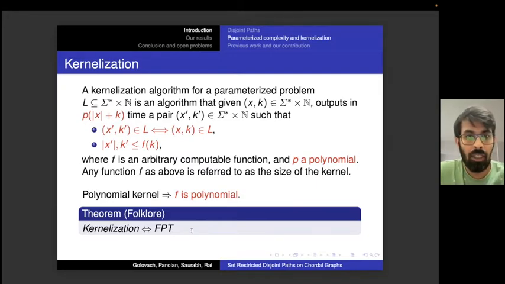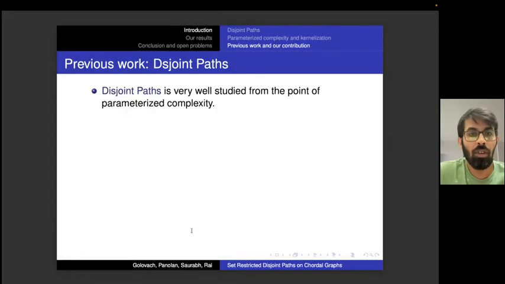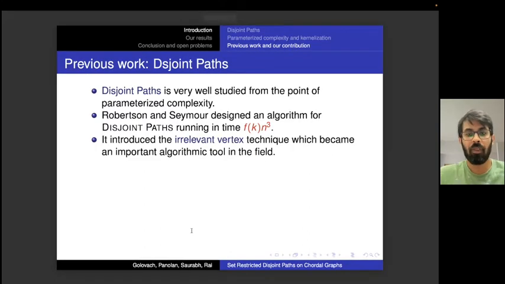So now, some previous work on these problems in the field of parameterized complexity. Disjoint paths is a very well studied problem in the field of parameterized complexity. The first algorithm was given by Robertson and Seymour in their Graph Minors project, which gave an algorithm with running time f(k) n^3.